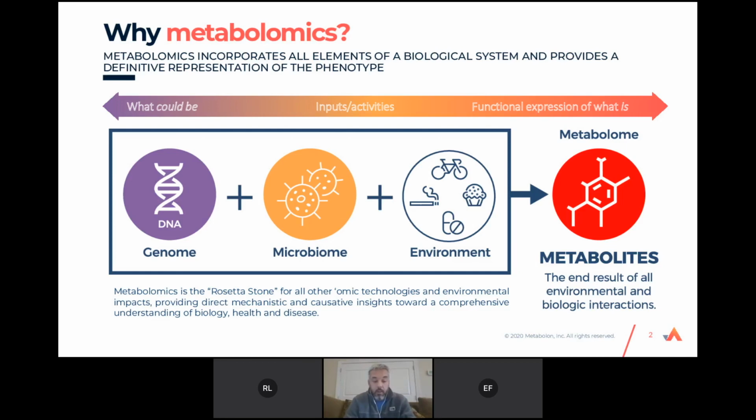The onset of every disease involves a biological change. When you get a disease, your genes aren't changing, it's the biology. So at Metabolon, through our different technologies from global untargeted through targeted, we measure the full metabolome from biological samples with the hopes of informing our clients and really communicating what all of this means.